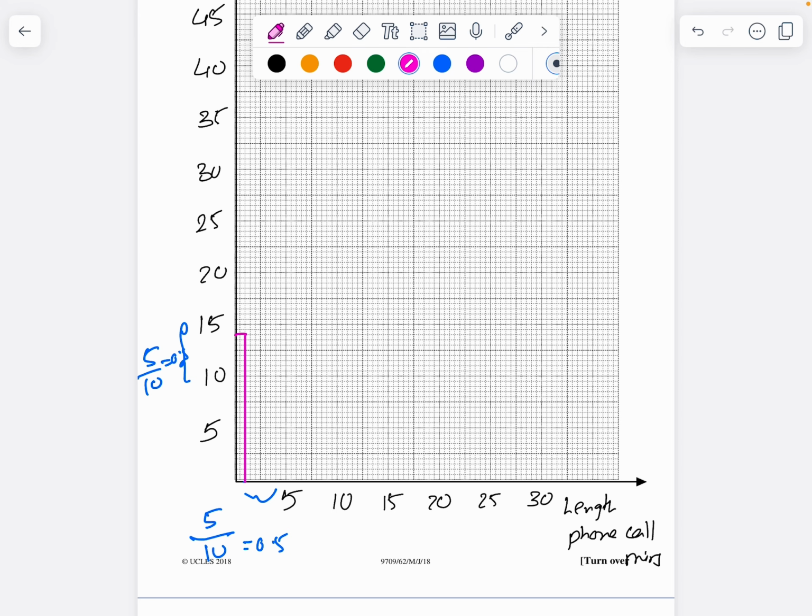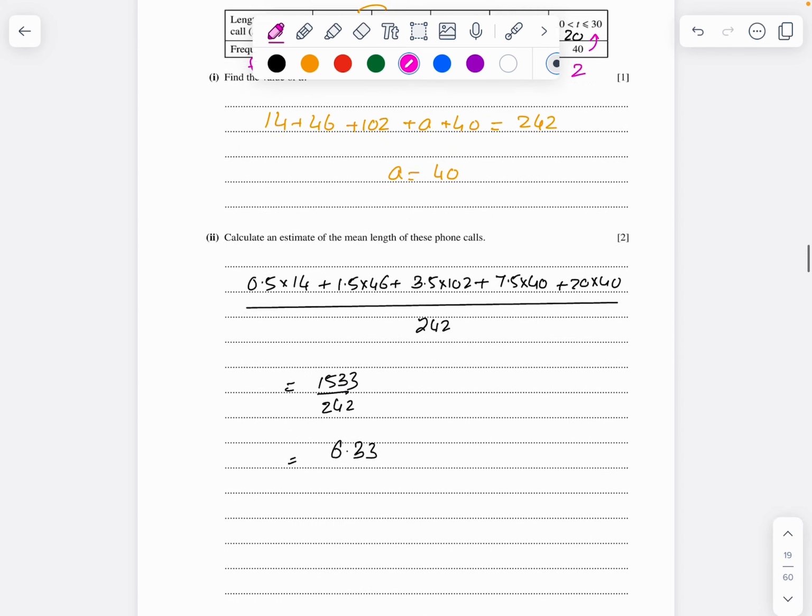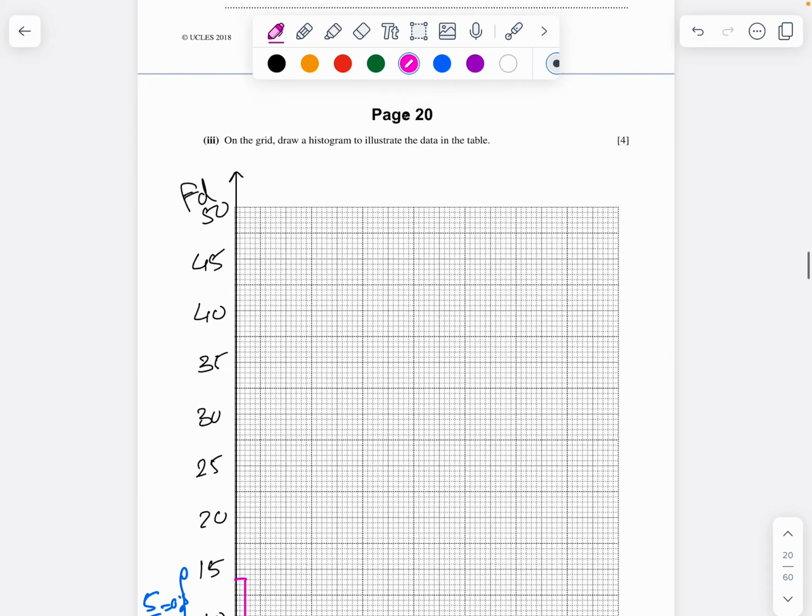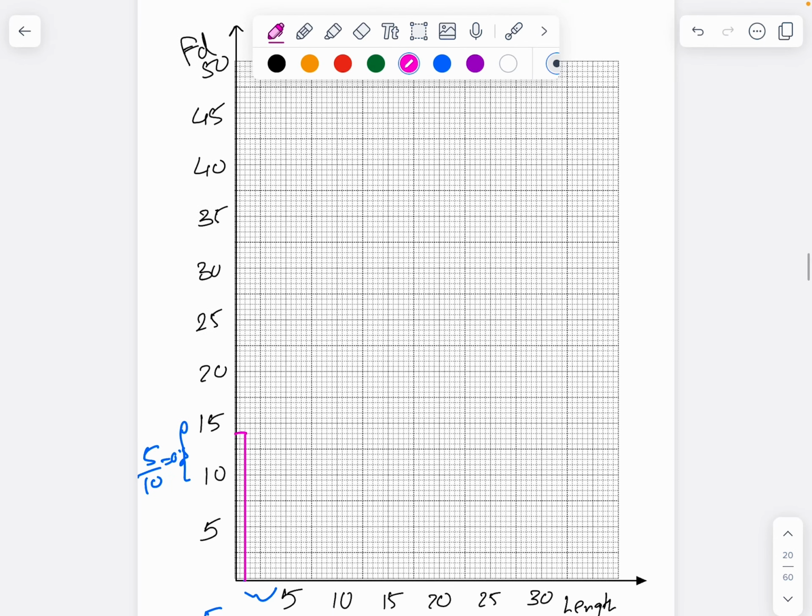This line is 14. Then 1 to 2, it is 46. This is 1 and each line is 0.5. 1 to 2 is 46.